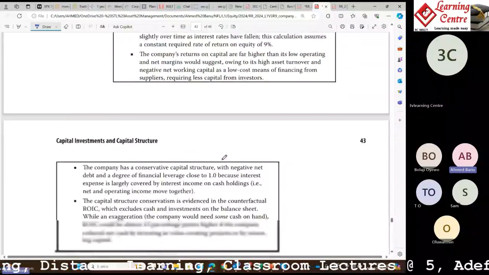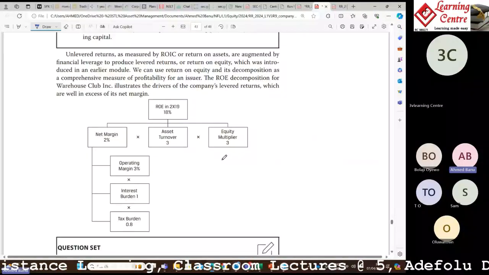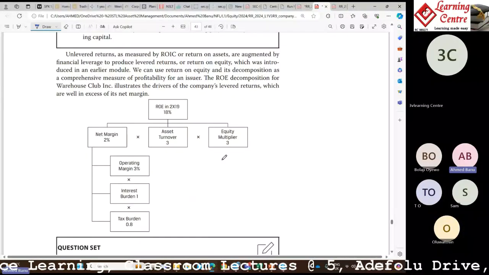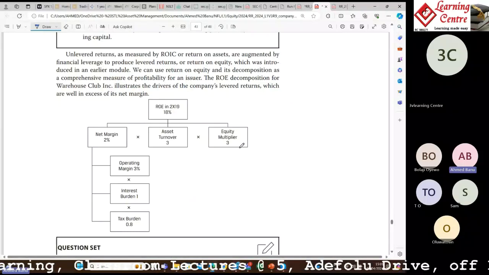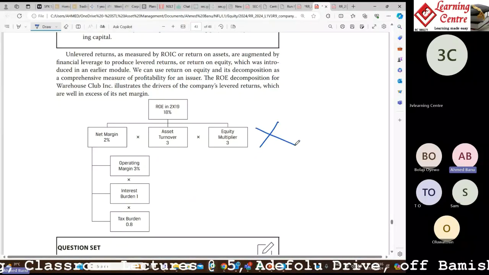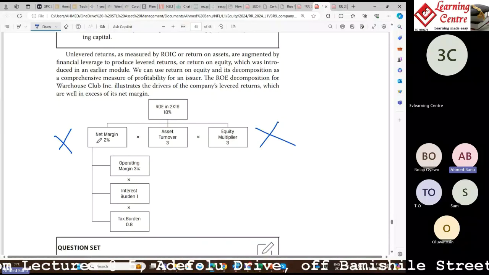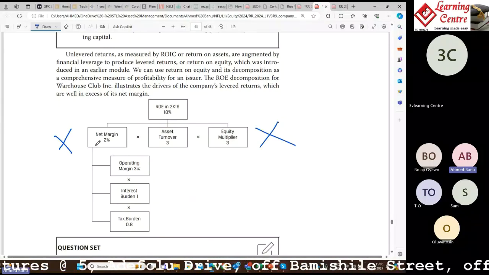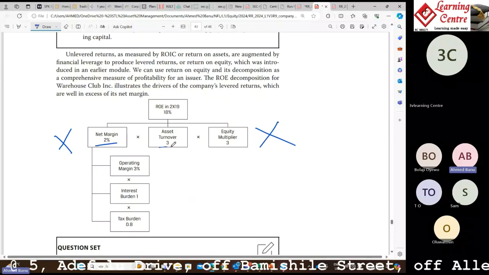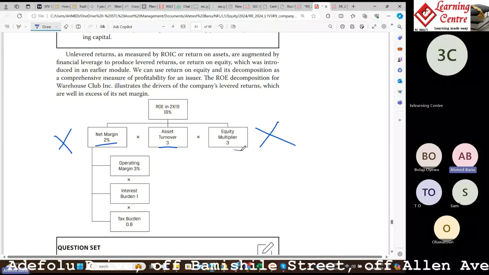So they've also used that reading, and that's where we have your DuPont analysis. Remember when I said DuPont analysis? So this is DuPont analysis. You decompose your ROE into profit margin, asset turnover, and equity multiplier.